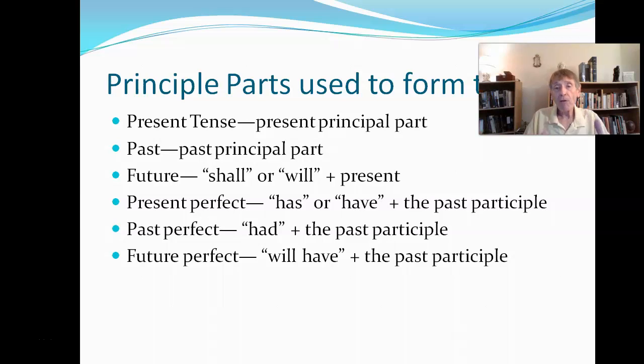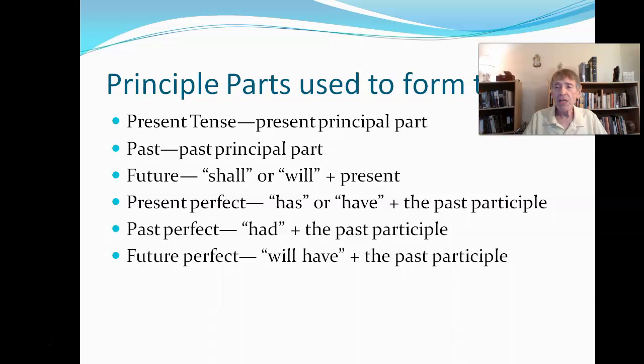So how are these used now? Okay, present, past, and future, I think you know how they're used. Present perfect, though. What does that mean? I have ridden my bike every day for the past 2 weeks. Okay?